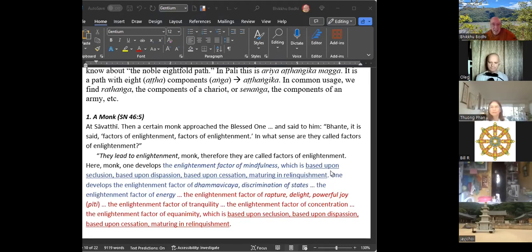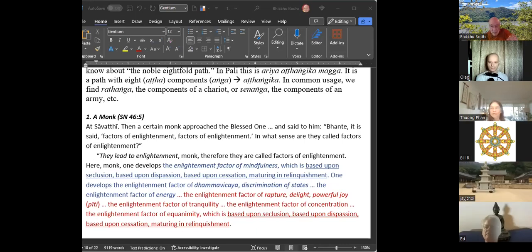And so notice that of the 7 factors of enlightenment, one of them doesn't belong to either group, neither stimulating nor quieting. And that factor is mindfulness. Okay, mindfulness is the factor that helps to balance the 2 groups. Mindfulness ensures that when your mind becomes too quiet, too calm, you stir up the stimulating factors, especially energy.